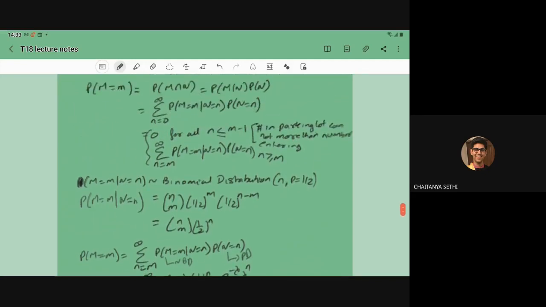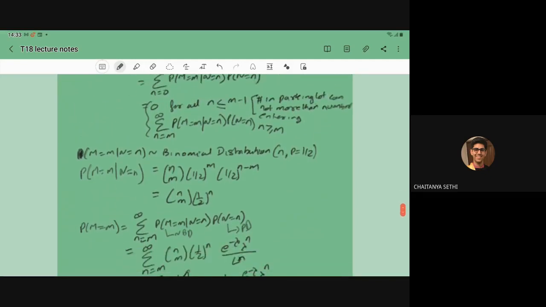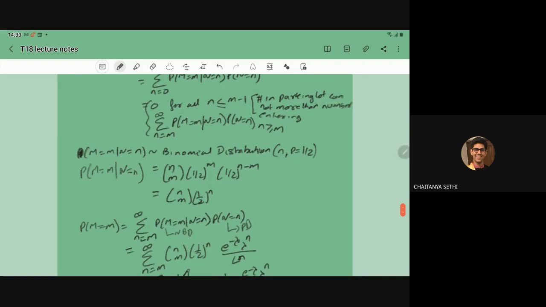No, no. What is the confusion you have? Here we are defining the random variable M given N. So I'm saying that M given N follows the binomial distribution.